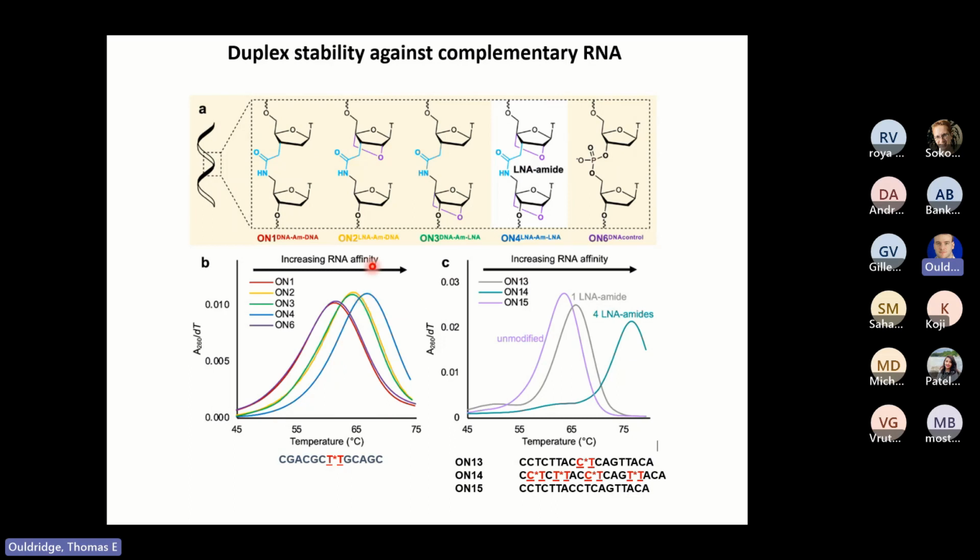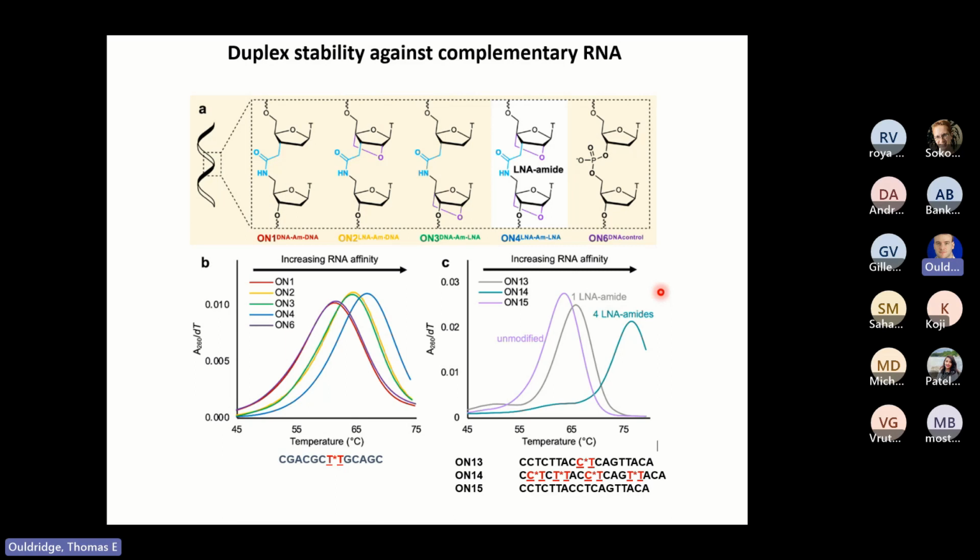The color code is shown here. And as we increased the number of LNA amides, the oligonucleotide duplex became more stable. So unlike any previous backbone that we've studied, the LNA amide makes the DNA more stable. It just doesn't compensate for instability. It makes it more stable.